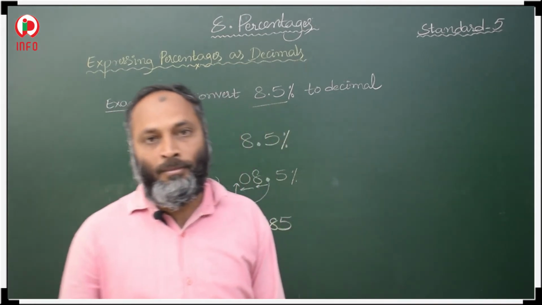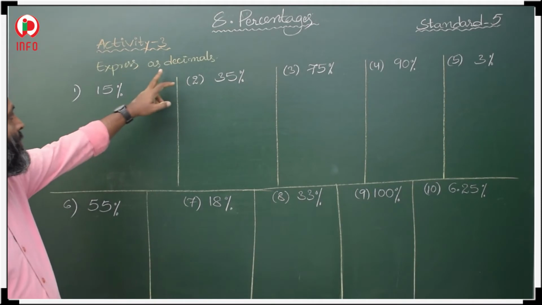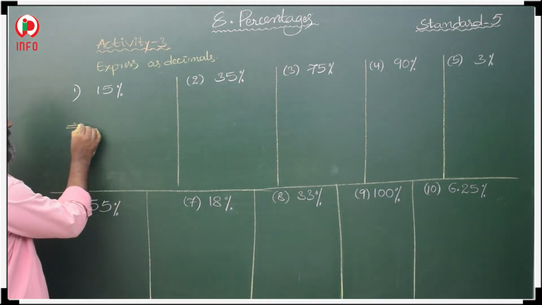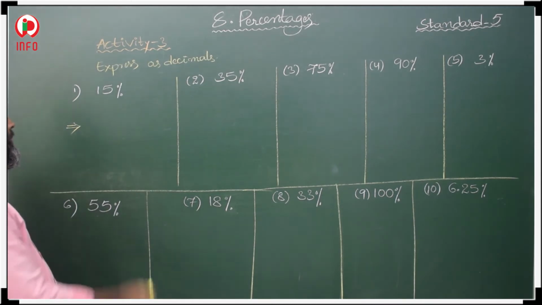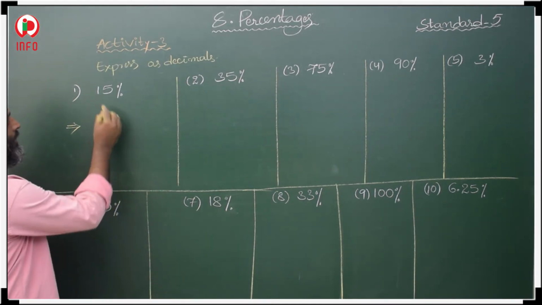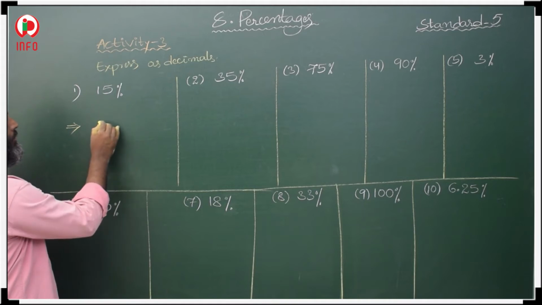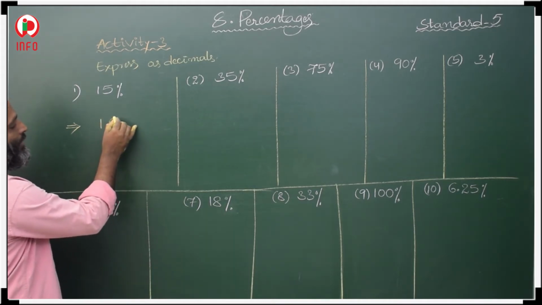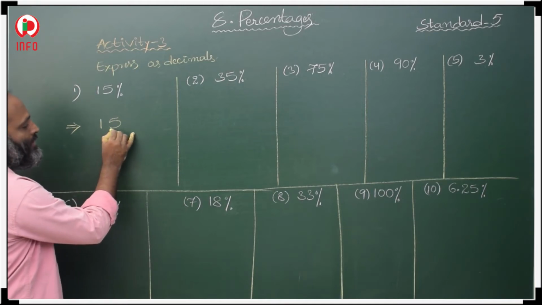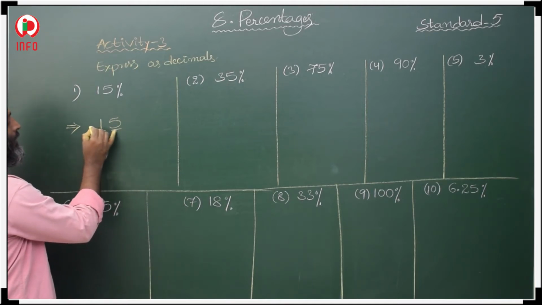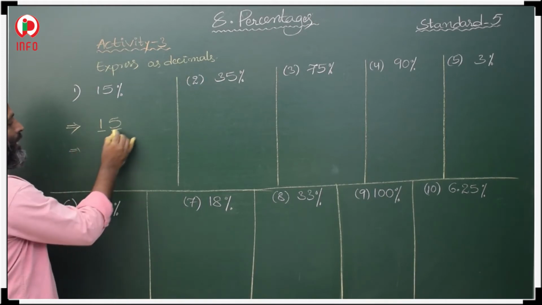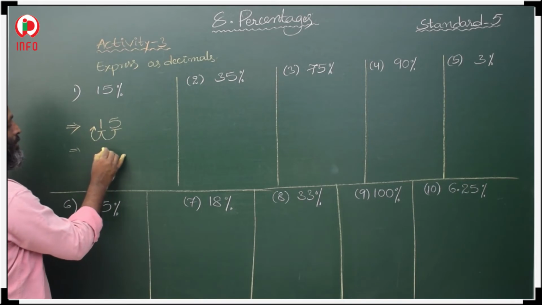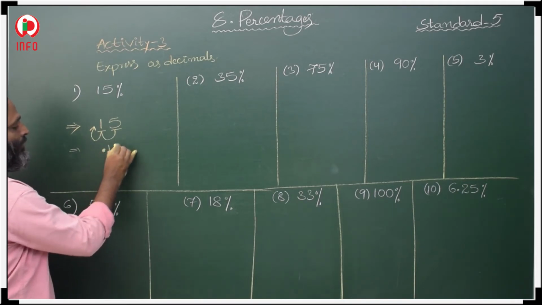Okay. Now, express as decimals. How to convert 15% as decimal? 15% as decimal means 15. After 2 digits we have to keep a decimal: first, second, and the decimal will come here. That is 0.15.